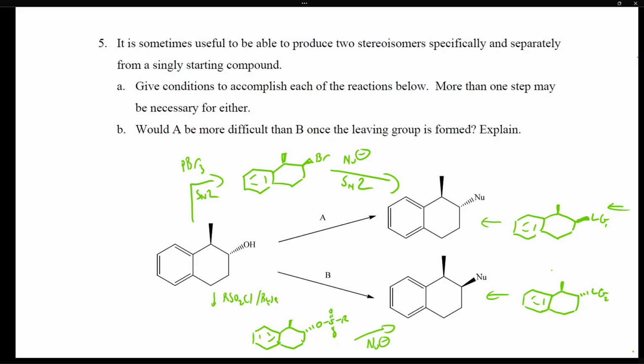And that is, we don't only have to worry about the site we're reacting at, we have to worry about its neighbors. So we have a problem here. My nucleophile is trying to come in opposite the leaving group. So in the upper case, that means it's coming in from here, below.